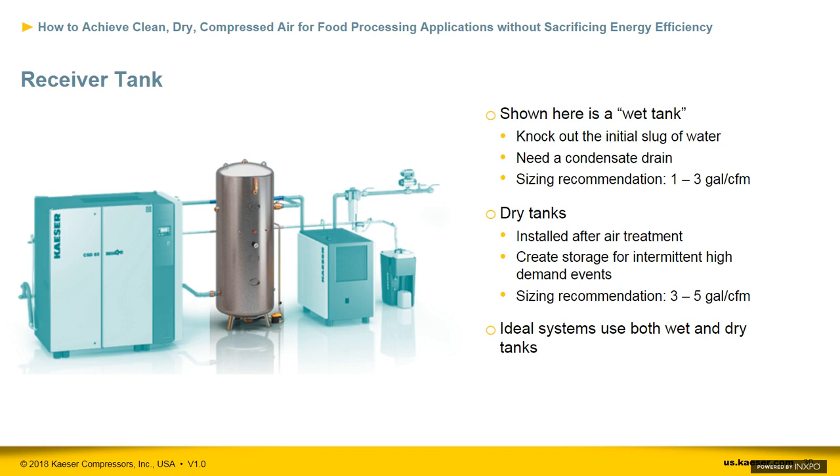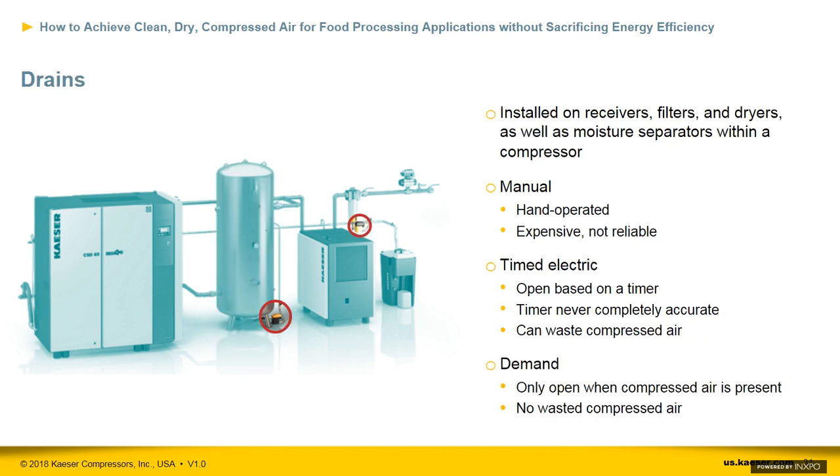In a perfect world, systems would have both a wet and a dry tank. However, this is not typically possible due to floor space restrictions. If that is the case for you, decide which is more of a priority, control or storage. With a master system controller for the compressors that sends the line pressure after the cleaner treatment, the dry tank is typically the preferred way to go.